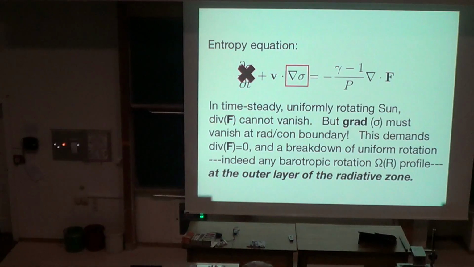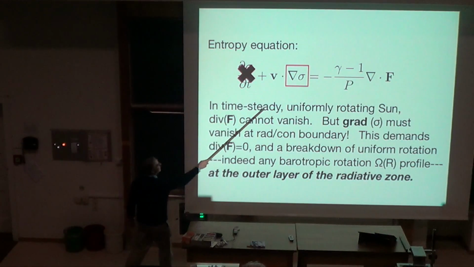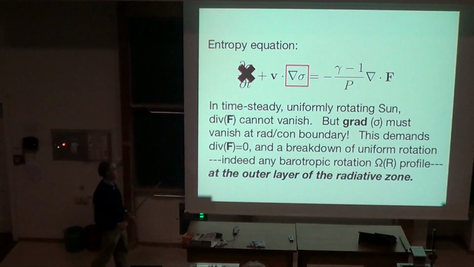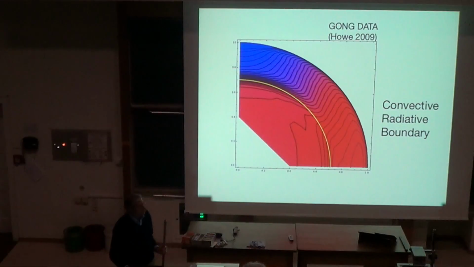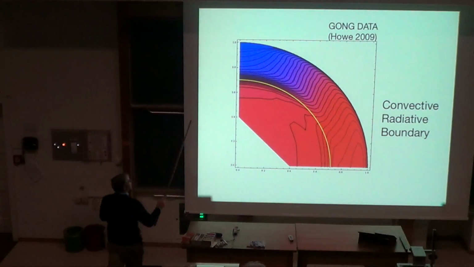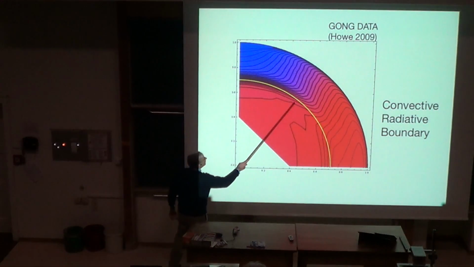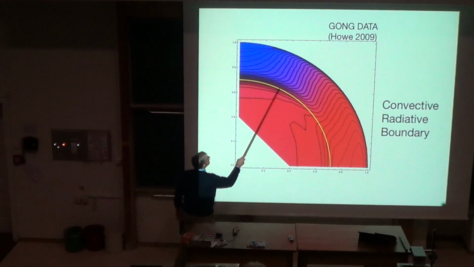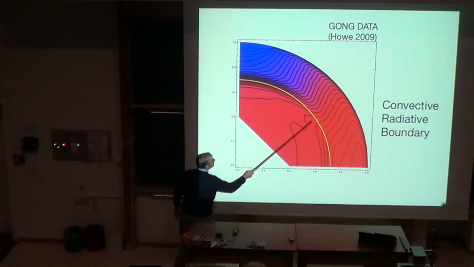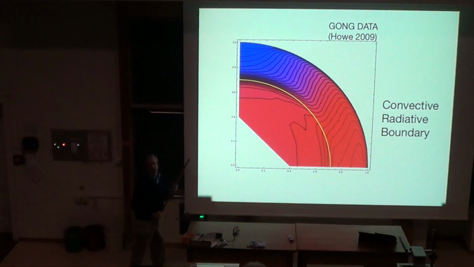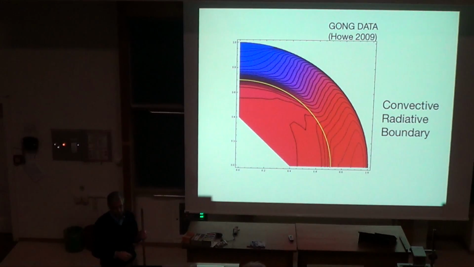That's what forces this departure from rotation on cylinders in the bulk of the convective zone. Its origins are being forced by the region where the gradient of sigma vanishes, at the outer layer of the radiative zone. This is precisely where the trouble is, and you notice that's exactly the region where there's this abrupt change in the nature of the rotation profile.